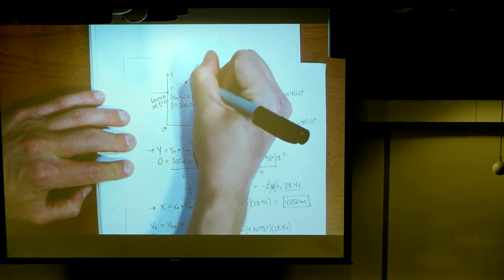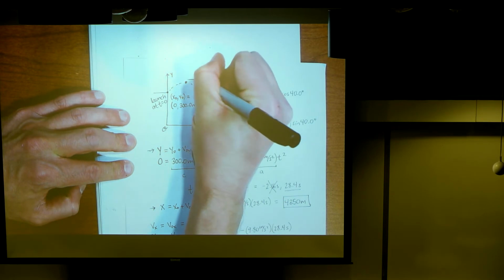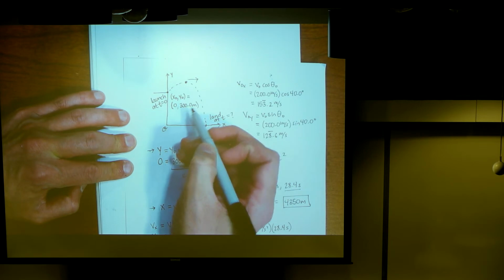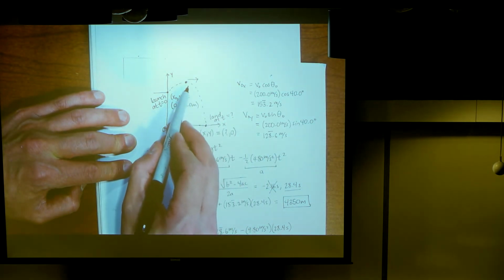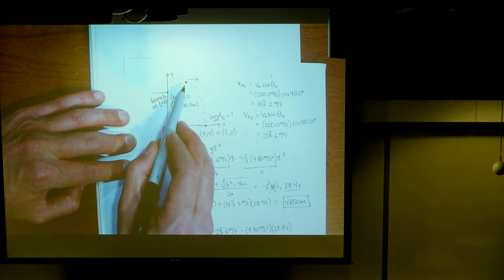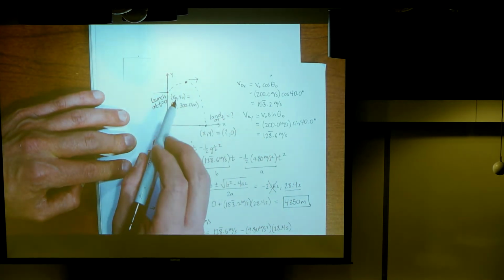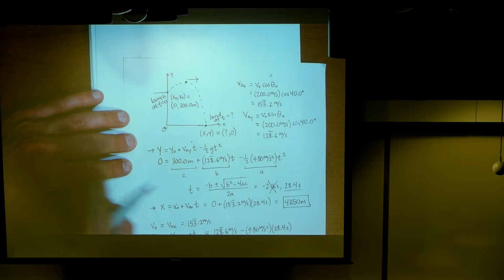So remember, the velocity is always tangent to our trajectory. So if I were to draw the velocity of the object at the moment it reaches its peak, it's actually just going completely horizontal. Does that make sense what I just said? It's going completely in the positive x direction.